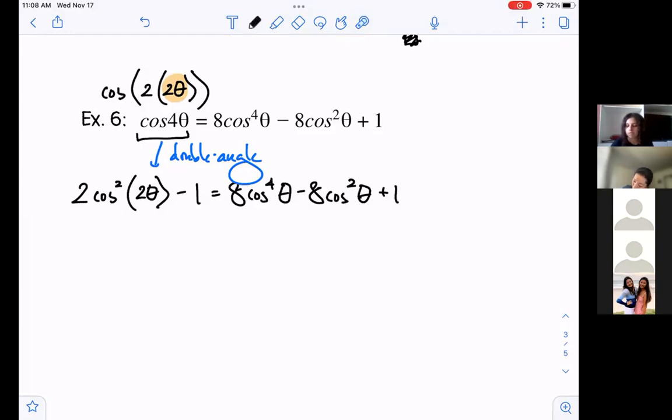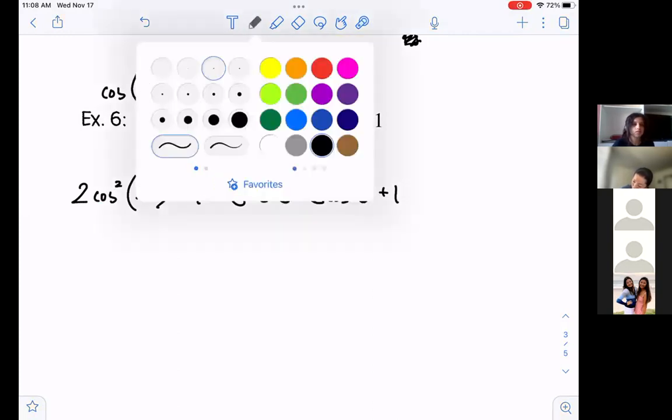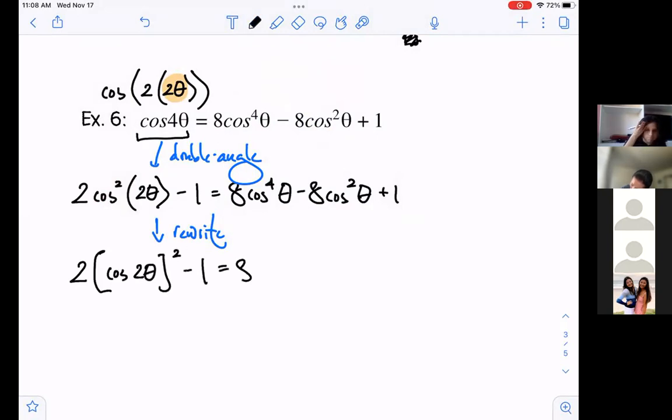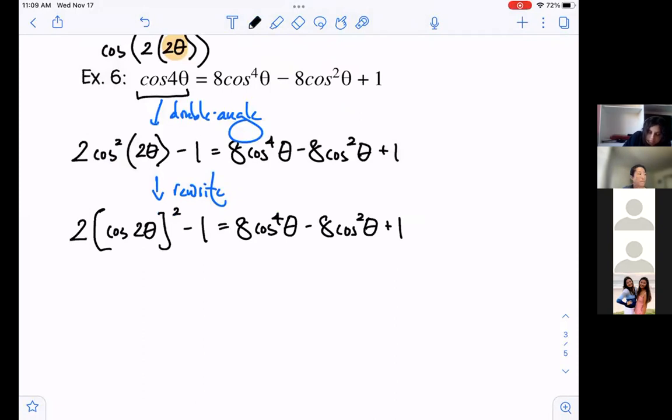I'm going to do a little rewrite on the left-hand side, and I'm going to get 2 cosine 2 theta squared minus 1 equals what I have on the right-hand side. Why would I write it that way?